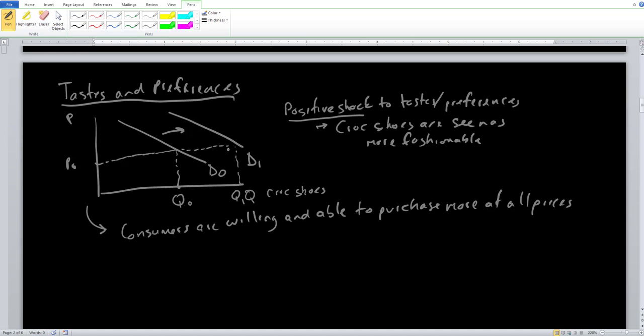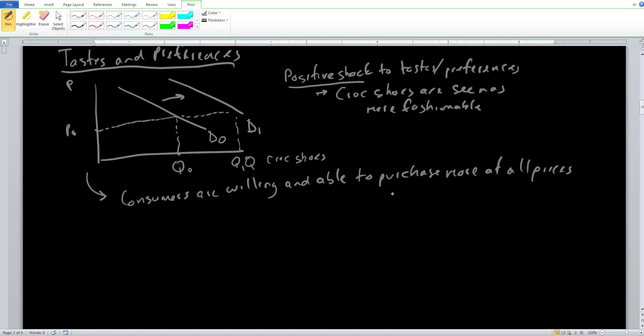We go from D1 down to D0 in this particular example, and consumers are less willing and less able to purchase at all prices. Essentially, they're going to be purchasing less at every single price. So here, just to get that extra practice, go ahead and do the opposite shocks for all of the things that we're going to be introducing, just so you get that practice.